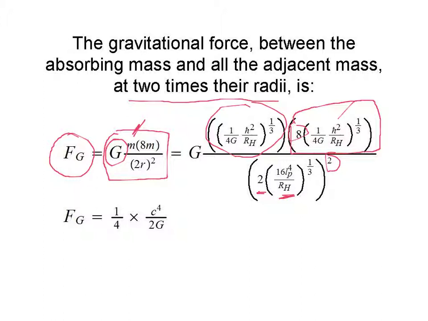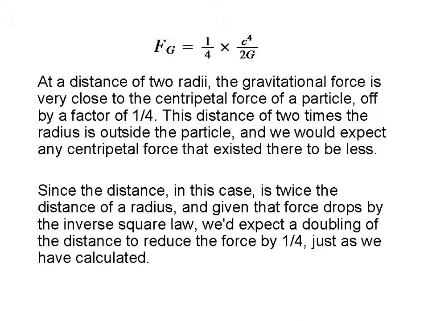And we find that the force of gravity is equal to 1/4 times c to the 4th over 2G, which is our value for F sub c. Our value for the gravitational force is 1/4 times the centripetal force. At a distance of 2 radii, the gravitational force is very close to the centripetal force of a particle, off by a factor of 1/4.